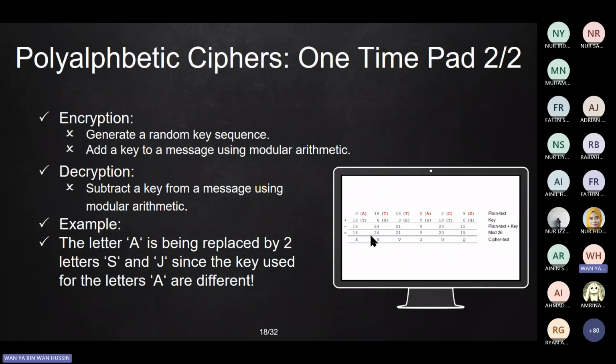Since we apply addition for encryption, to decrypt we will apply subtraction, and then modulo 26. Why 26? We want to get a number between 00 to 25.